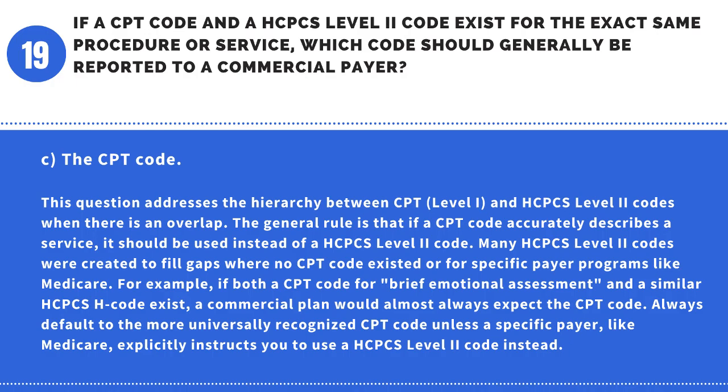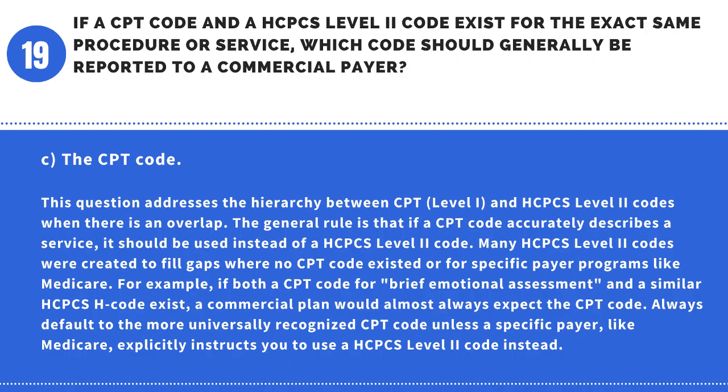This question addresses the hierarchy between CPT Level 1 and HCPCS Level 2 codes when there is an overlap. The general rule is that if a CPT code accurately describes a service, it should be used instead of a HCPCS Level 2 code. Many HCPCS Level 2 codes were created to fill gaps where no CPT code existed or for specific payer programs like Medicare.